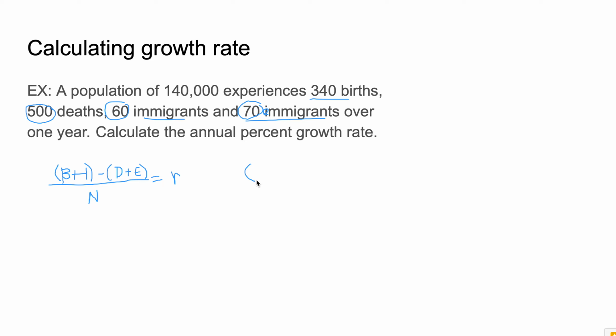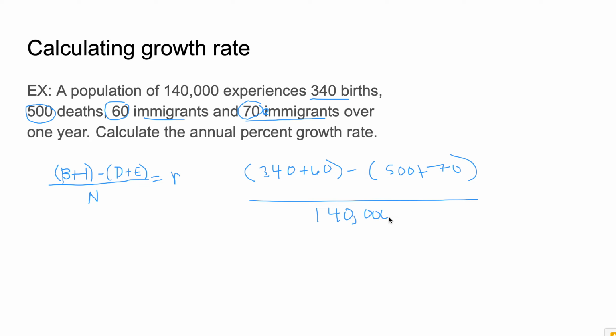So births is 340, plus our immigrants, which is 60, minus our deaths, which is 500, plus our emigrants, which is 70. So here, over our total population, which is 140,000, and that is equal to our annual percentage growth rate.